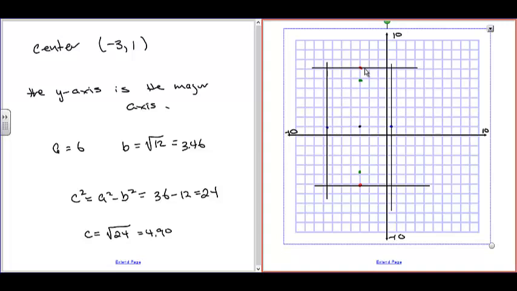You start along the major axis, and you draw out towards this corner and then loop around. Probably went a little bit too far. Okay, so there you go. That's what it kind of looks like.